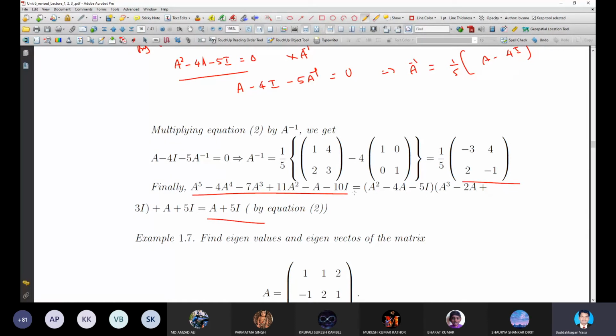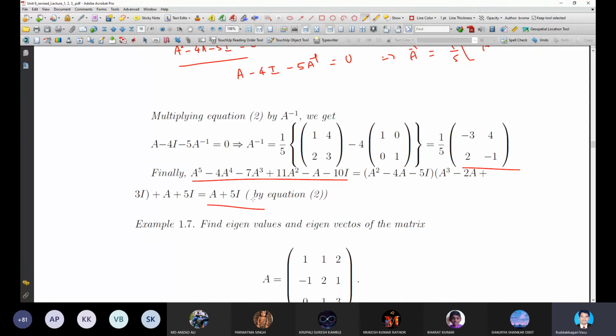So there is no need to find all these powers of matrices and simplify. It simplifies into a linear one, A plus 5I. It is very easy to find, and it is the same as this total polynomial value. These are the advantages of the Cayley-Hamilton theorem, right?